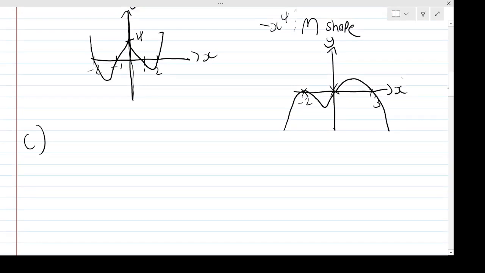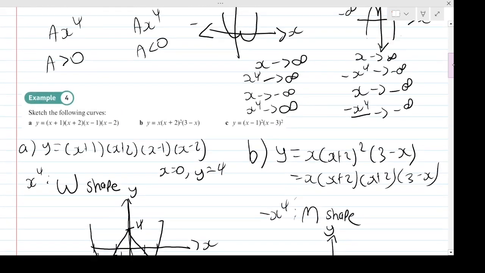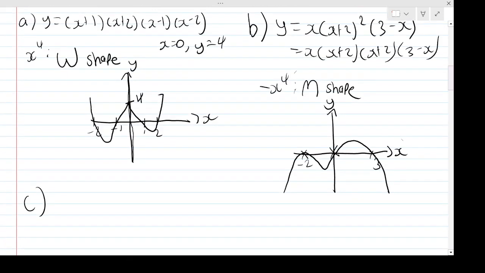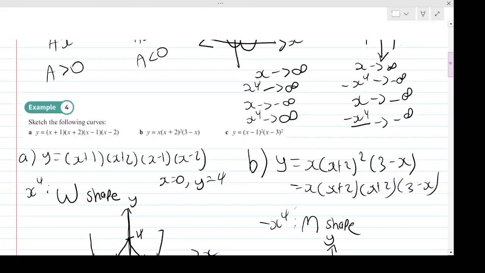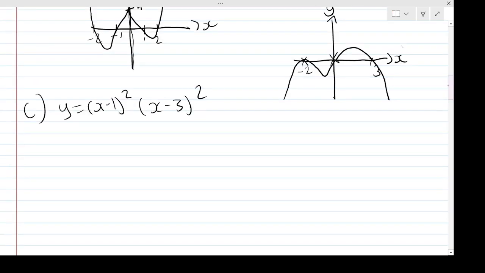Now part C, we have x minus 1 squared, x minus 3 squared. Okay, cool. So firstly we need to determine if it's a positive or negative shape. Well, again, we're going to look at the powers of x in each bracket. Well, these are both squared.